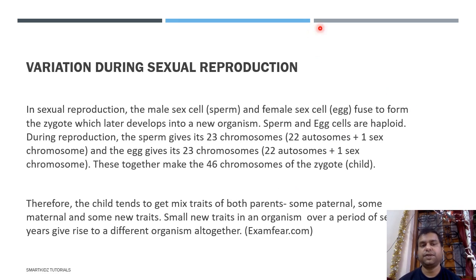We know about variation during sexual reproduction, and that variation is easy to explain because, as we have discussed, we'll take the case of humans itself. We have 50% coming from the father, 50% coming from the mother. The mother is a different individual, the father is a different individual.